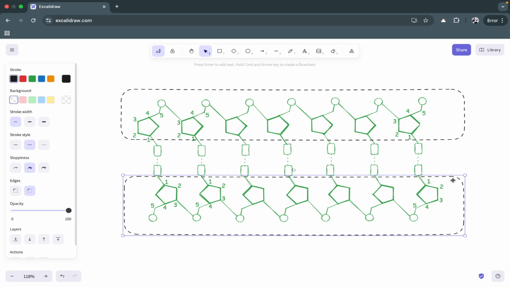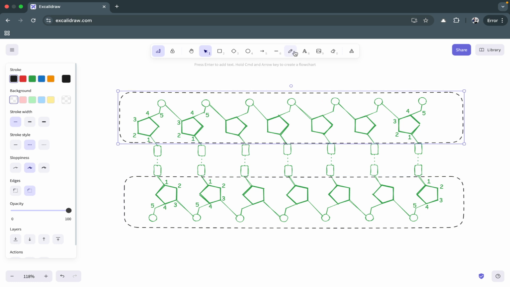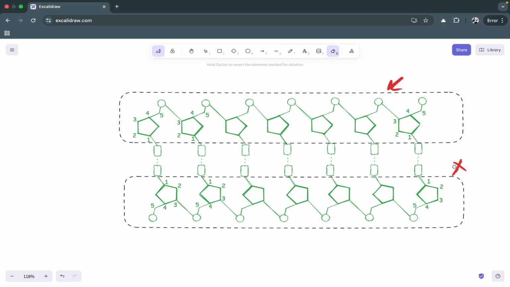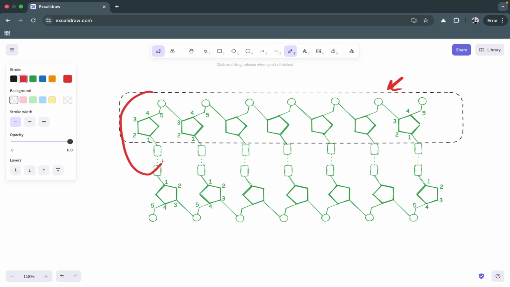Now I want you to notice what difference we have in the ends of a strand. Let's first focus on this first strand only. Forget about this strand. We'll focus right now on the first strand only. In the first strand, at the leftmost end, we have this nucleotide, right?